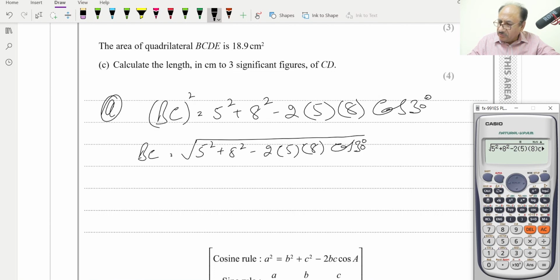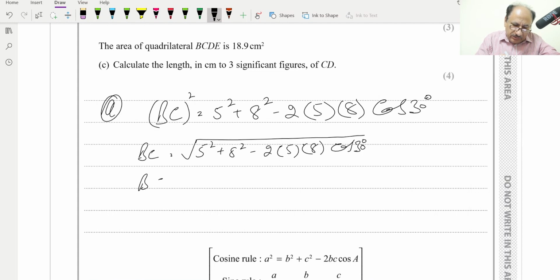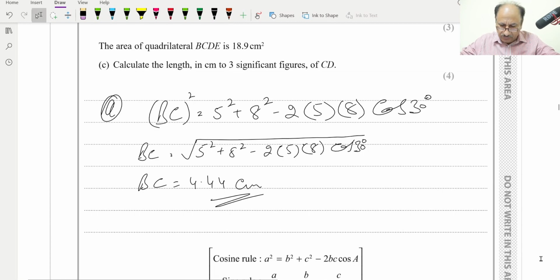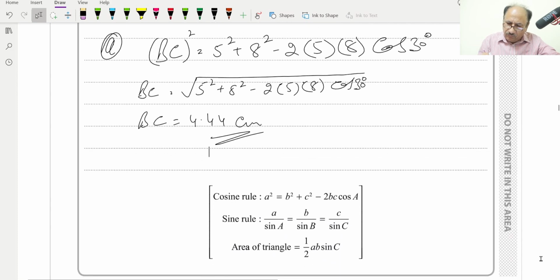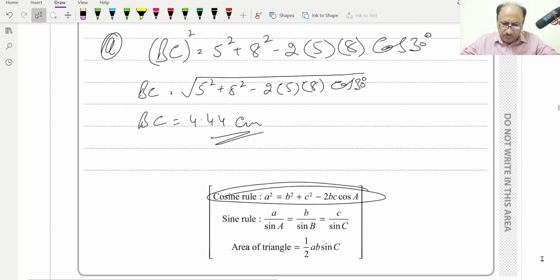With 8, this is equal to 4.44. So BC is equal to 4.44 centimeters. This is the answer for this question, and they have provided the cosine rule also, which you can use from here.